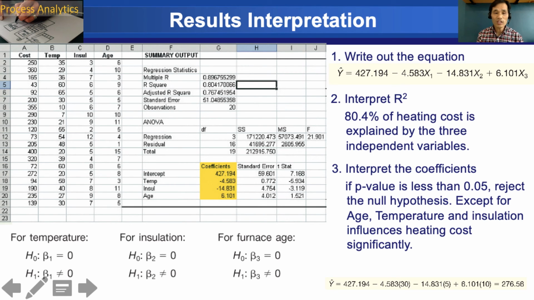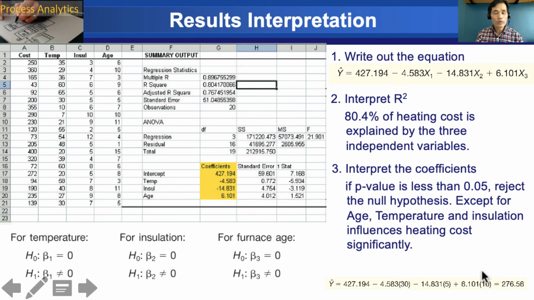This means that the thicker the insulation is in the attic, the lower the heating cost is going to be. Age has a positive sign, meaning the more aged the furnace is, the more heating cost it will be. However, it's an insignificant variable, so we don't have to pay much attention to this age coefficient.